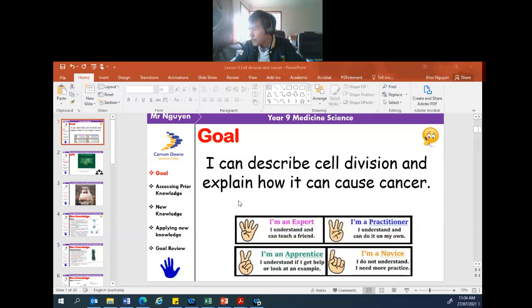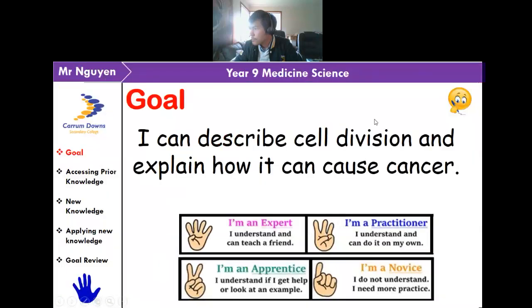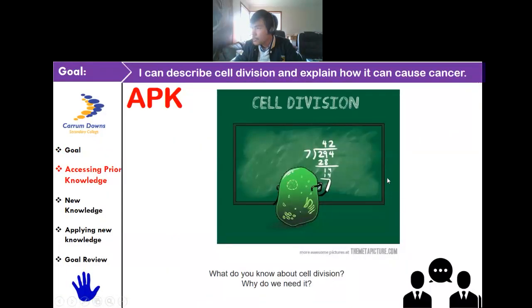All right, let's get started. So here's our APK for today. A bit of a recall check here for you. What do you know about cell division and why do we need it? Have a think about it, guys. I'll give you about 30 seconds.